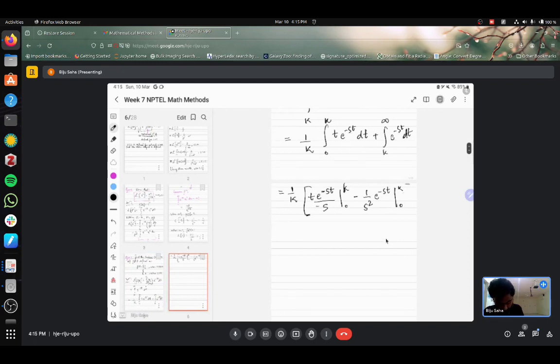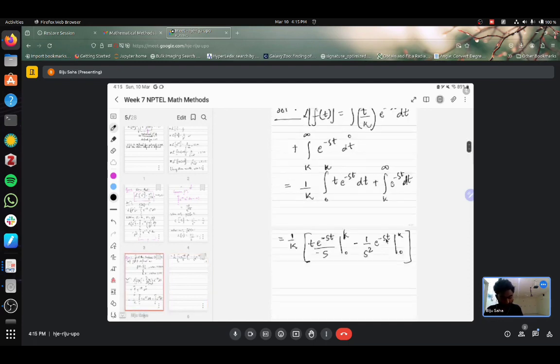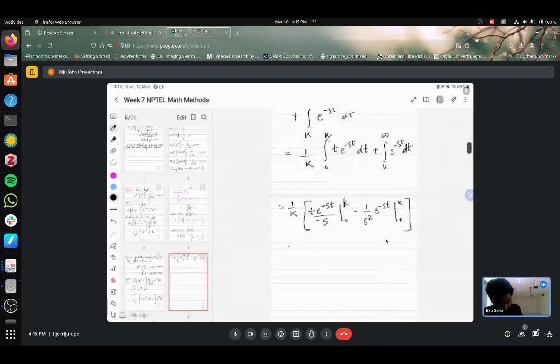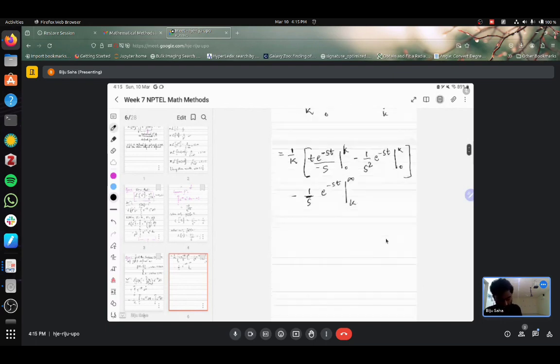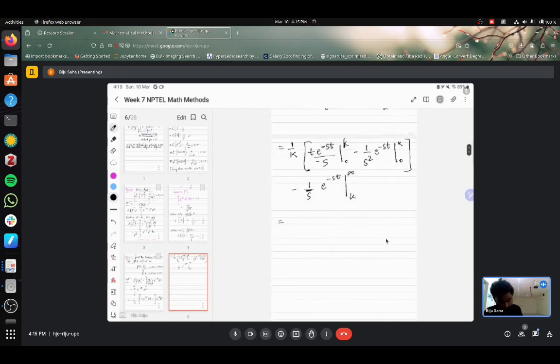That is from the first part, and from the second part you have minus of 1 by s. On putting every limit here, what you get to see is 1 by k.